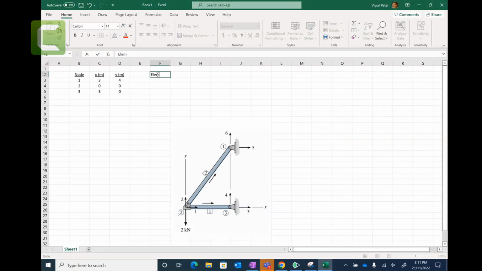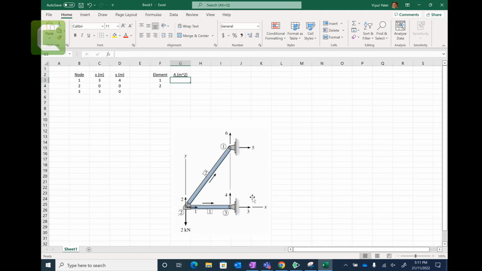Let's put elements. And how many elements we got? 1 and 2. Look at this square bracket 1 and 2. Element 1 and 2. Area of the element number 1, let's say in meter square.